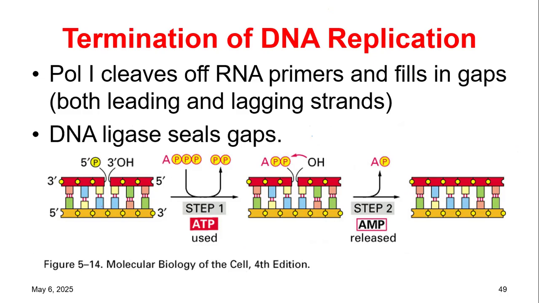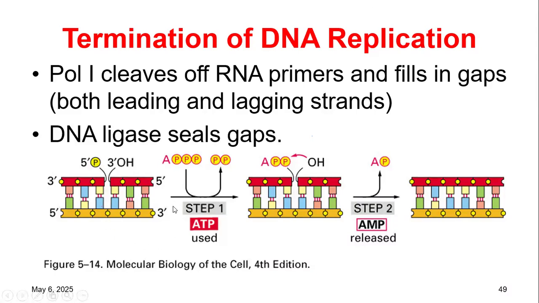So, the termination of this process of DNA replication: Pol 1 clips off RNA primers and fills in the gap on the lagging strand, and then DNA ligase will seal the gap. That reaction is shown in the cartoon below. Usually there is a small gap that has not been completed. That is what we call the nick.